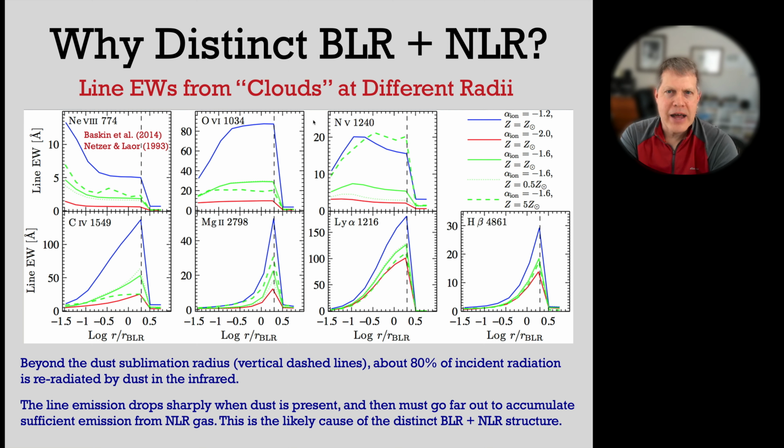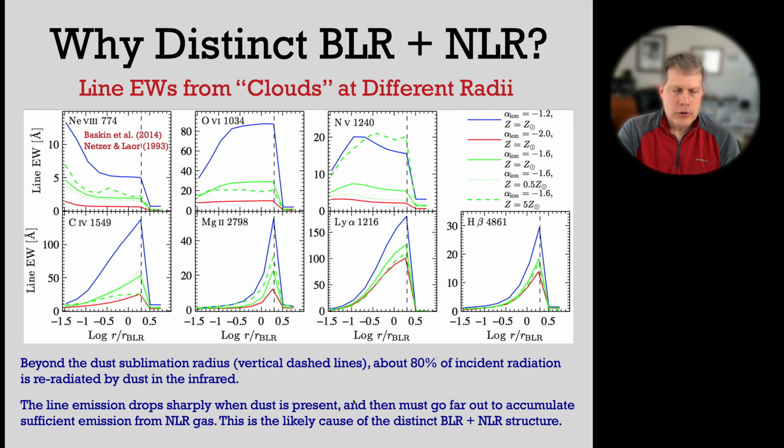You can see that's broadly true for all of these lines, and this paper has additional examples. Once you get beyond the dust sublimation radius, shown as the vertical dashed lines, the line emissivity of the gas drops sharply.